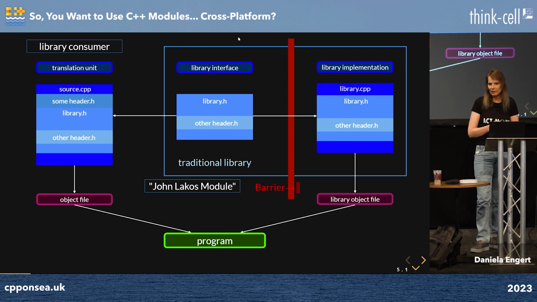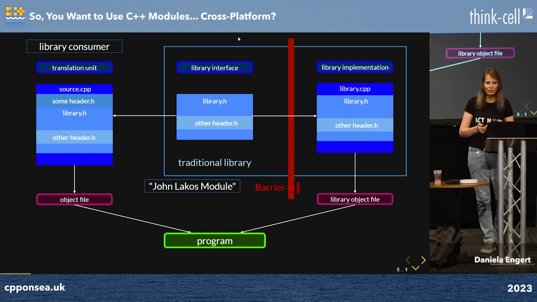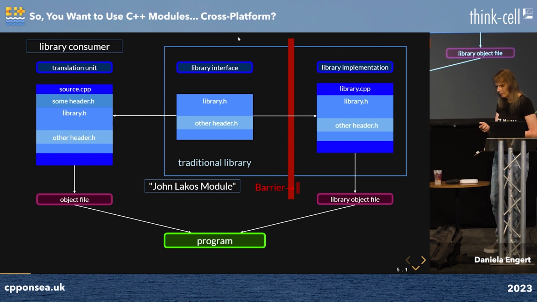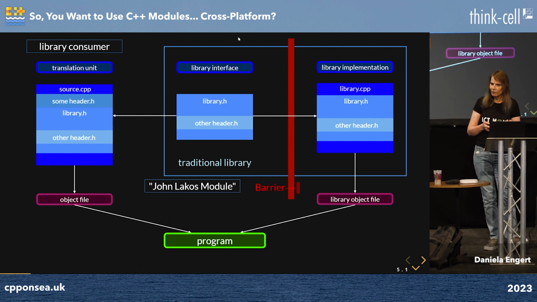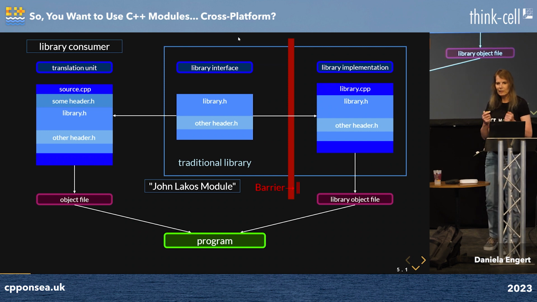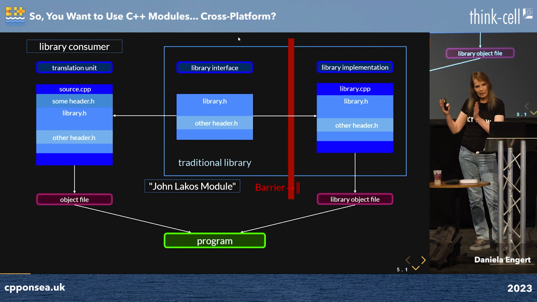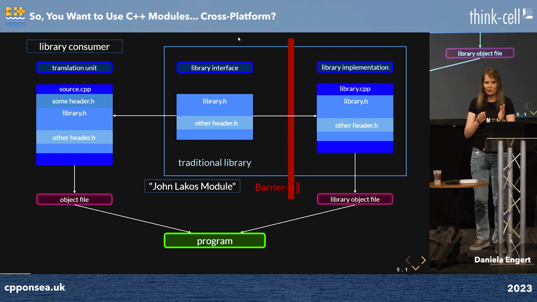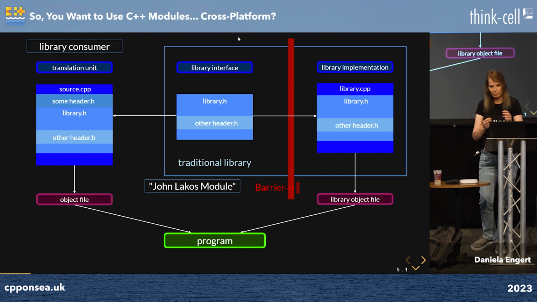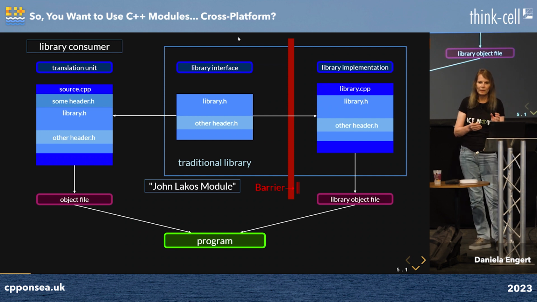The library usually looks like this: we have implementation units, we have library interfaces in the form of headers, and the translation units from the consumer side are, like any translation unit that we compile in our C++ world, independently compiled. So we have a barrier between the library implementation units and the consumers of the library. There is no barrier between the library interface and the consumer.